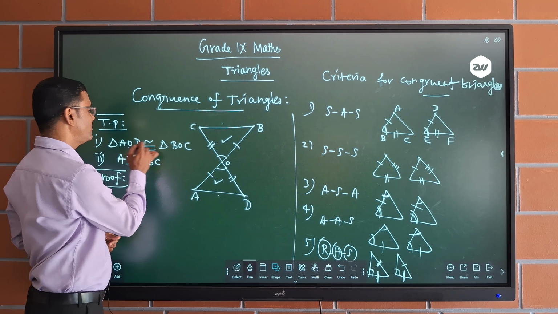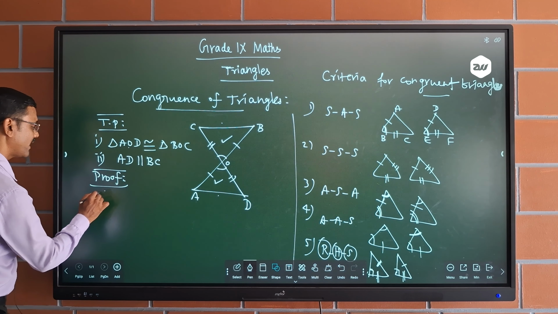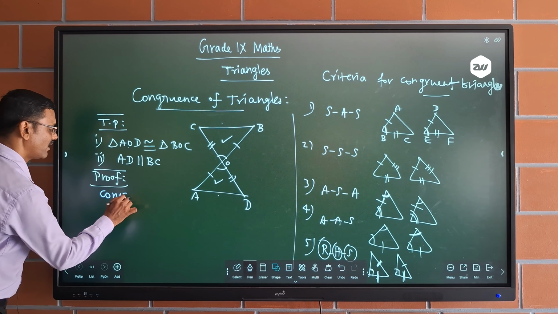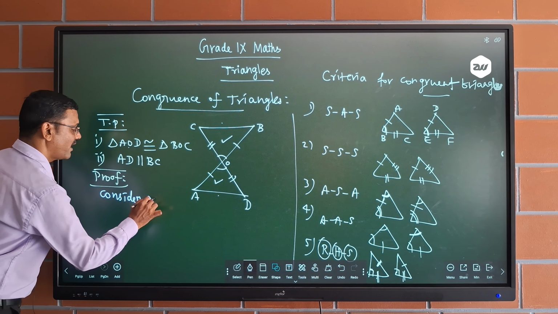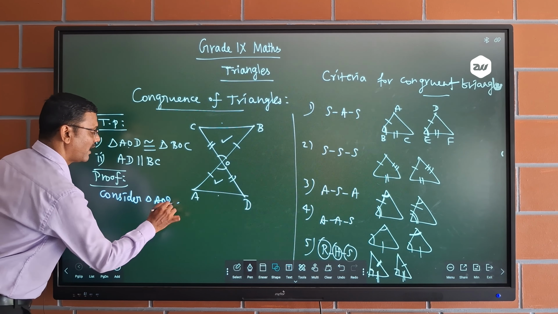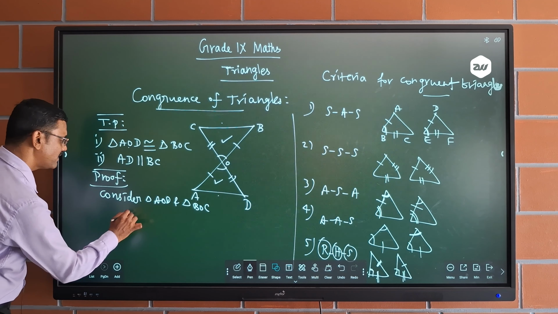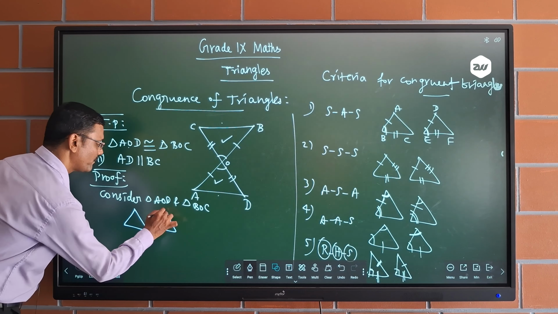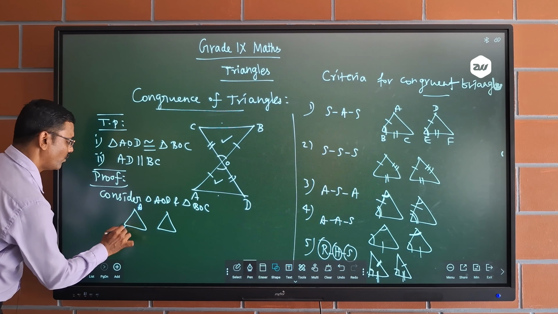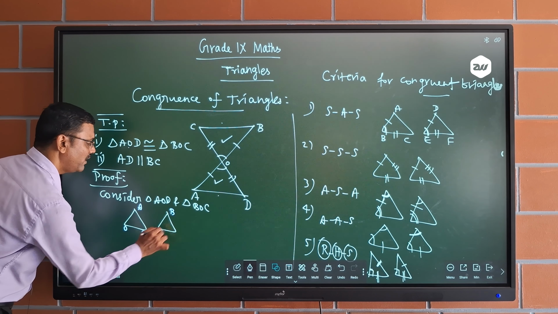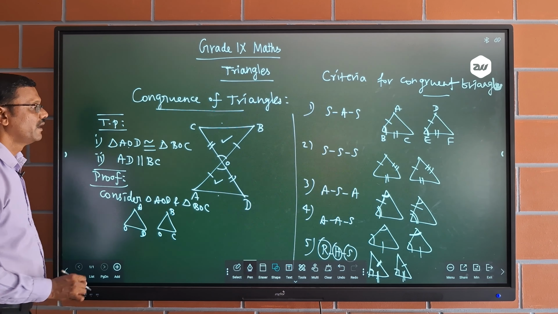So I consider triangle AOD and triangle BOC. I take it separately for your understanding: AOD, this is BOC.